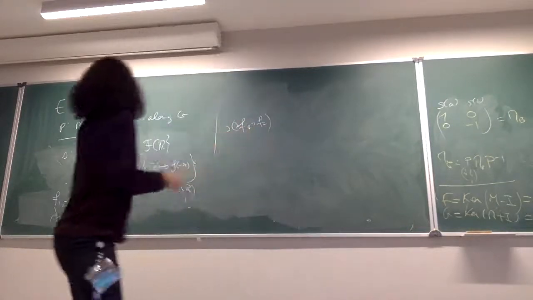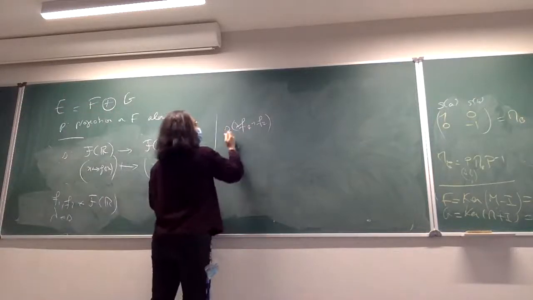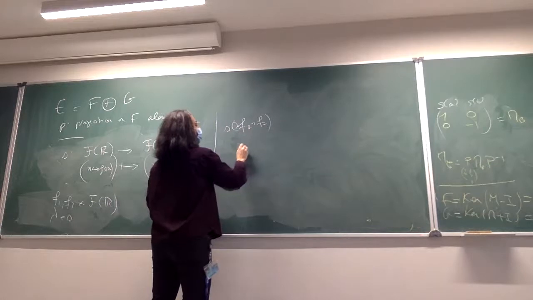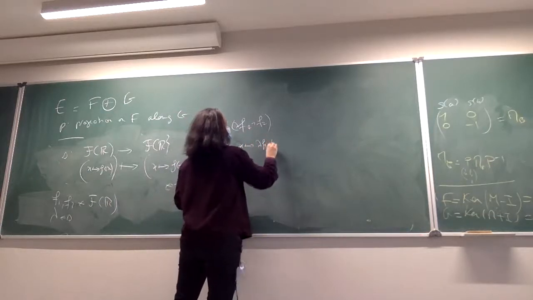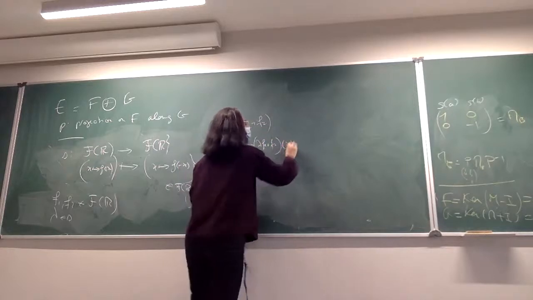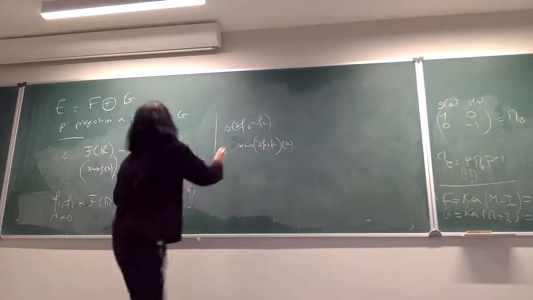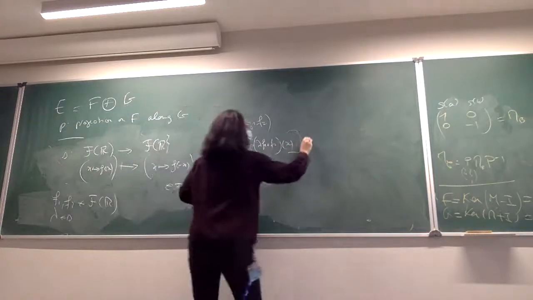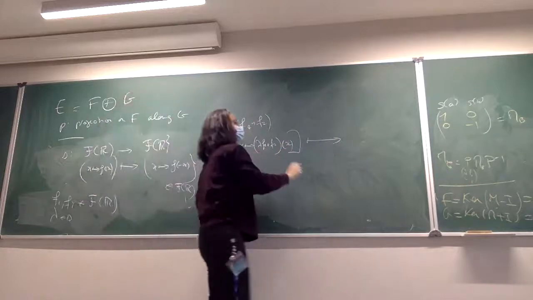According to the definition of my map, my input is the map that for X I apply lambda F1 plus F2 applied to X. The output of this is the map where I apply this to negative X.